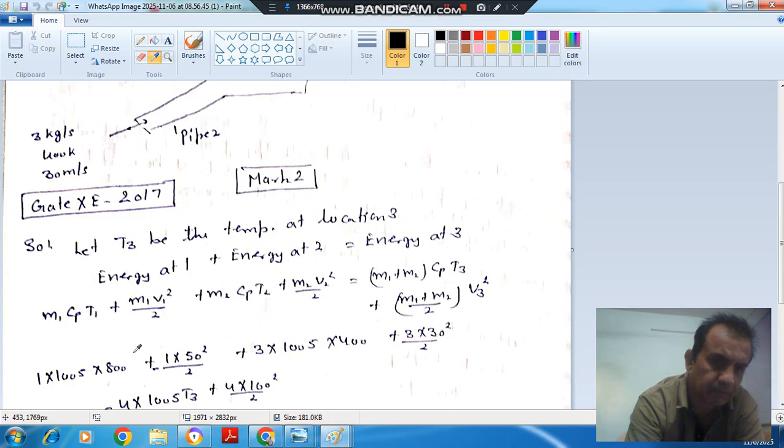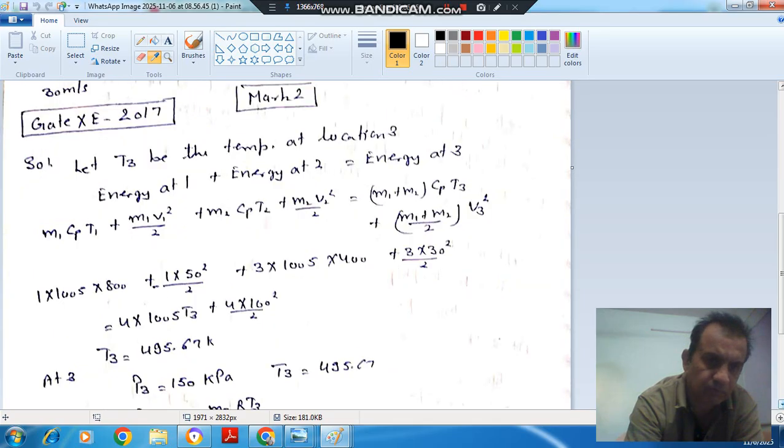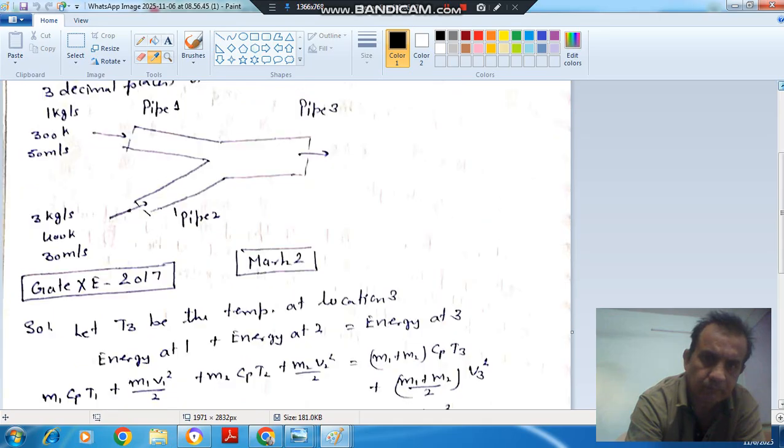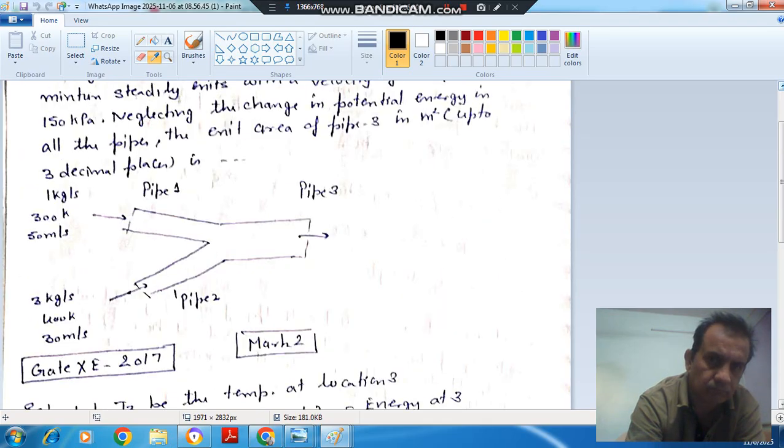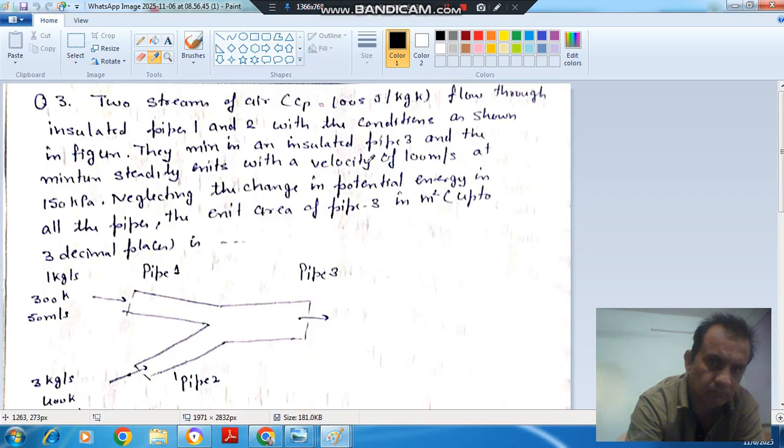Okay. So putting these values, m1 is 1, Cp is 1005, T1 is 300, this is 50 square by 2, and this is 3 into 1005 into 400, and this will be 3 into 30 square by 2, and is equal to this 3 plus 1 is 4, 4 into 1005 into T3, and this will be 4 into 100 square by 2, because here the velocity is given as 100 meter per second.